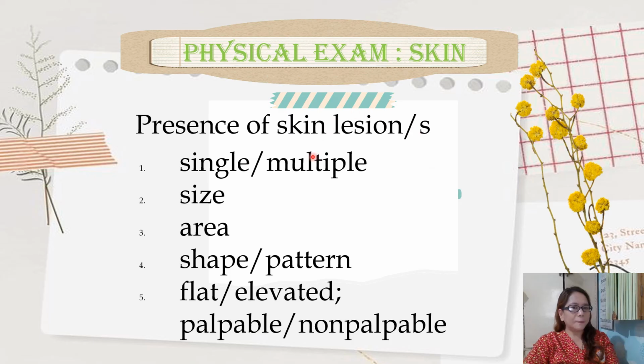Alright, so moving on to the presence of the skin lesions, you have to check again if it is just single, is it multiple, ilan, what is the size, saang area, what is the shape, is it clustered, okay, ano pa, naka-serpentine ba, flat, elevated, palpable, non-palpable ba siya.